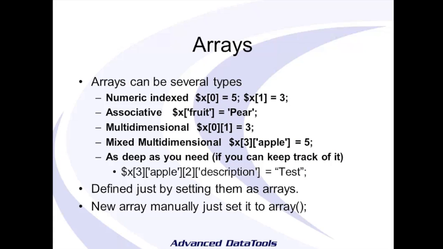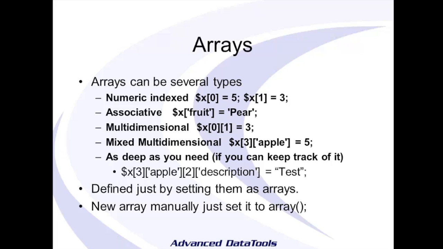The third one is multidimensional, so you have multiple levels, x1, 2, x0, 1, just like you do anywhere else with multidimensional arrays. You can also do mixed multidimensionals, like x3 apple. So you can have the first level be numeric and the second level be associative. You can have it the other way around, or both be associative. However you want to do it.